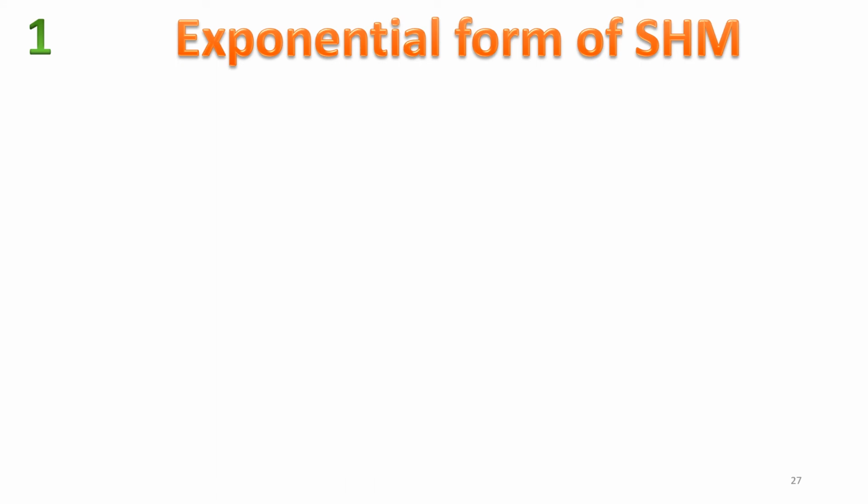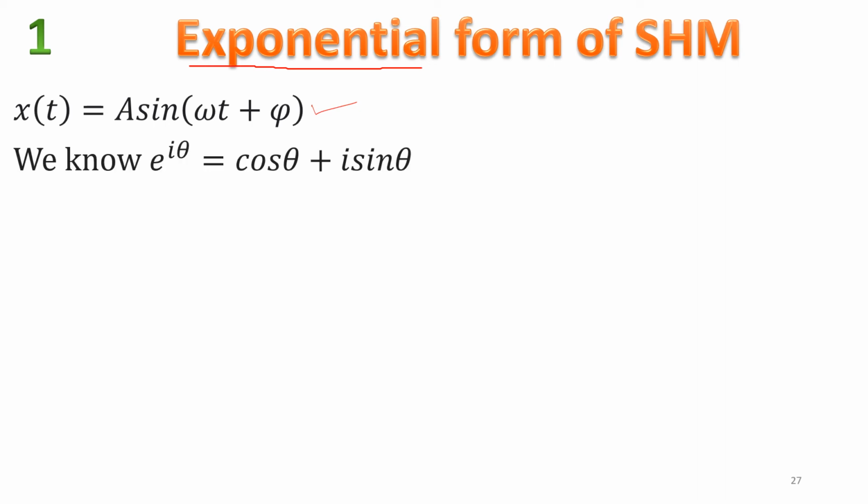The solution that we have represented using the sinusoidal function can also be represented in the exponential form, and I want to show you that. So the solution that we are discussing is x of t is equal to A times cos(omega t plus phi), where phi is the initial phase and omega t plus phi makes the complete phase.